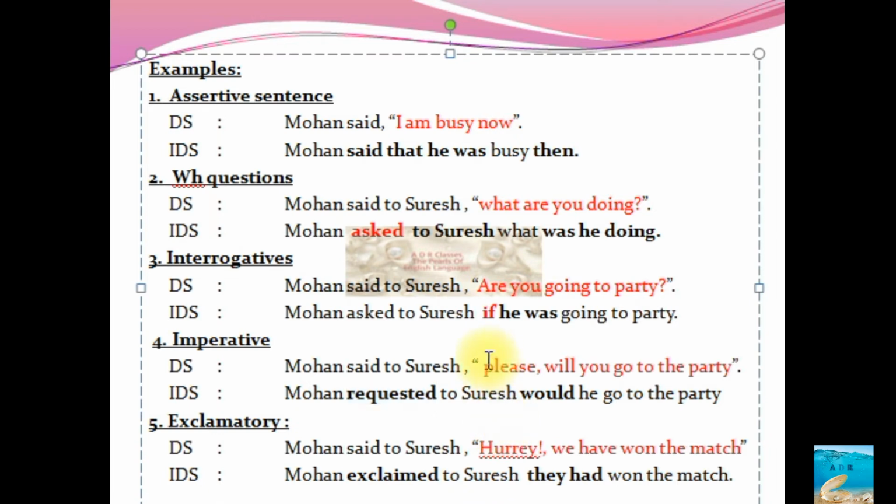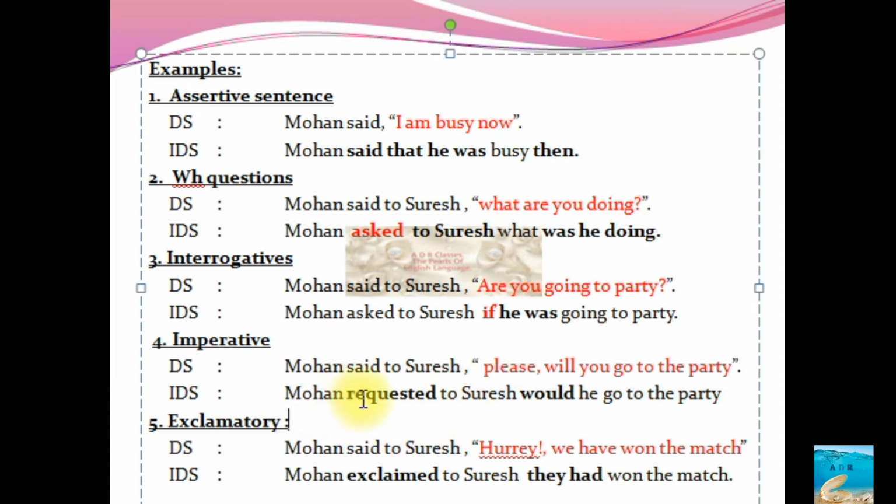Mohan requested Suresh. What is the relationship between Mohan and Suresh? They are of the same age probably, and they are friends probably. Looking at the sentence, we can understand that definitely we can use requested, since please is used.